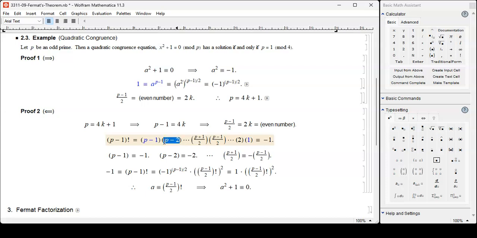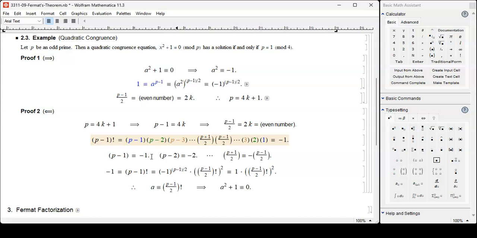P, that's 0. P minus 2 and 2, they add up to P, which is 0. And then let's do one more. P minus 3 and then 3. They add up to p, which is 0.